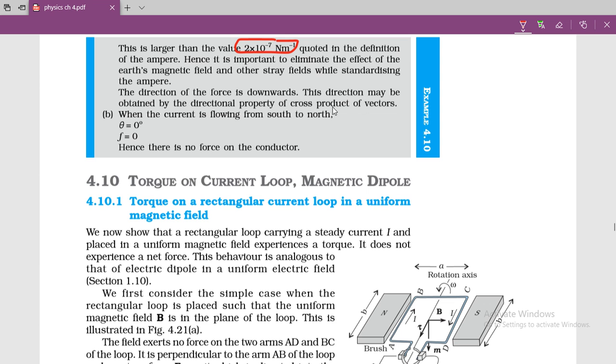So you can use the property of cross product and you can find out the direction, or you can find out the direction by using Fleming's left hand rule. So any one convenient method can be used, and after applying these laws or these rules you will get that the direction of the force is downward. Okay, so it is downward.